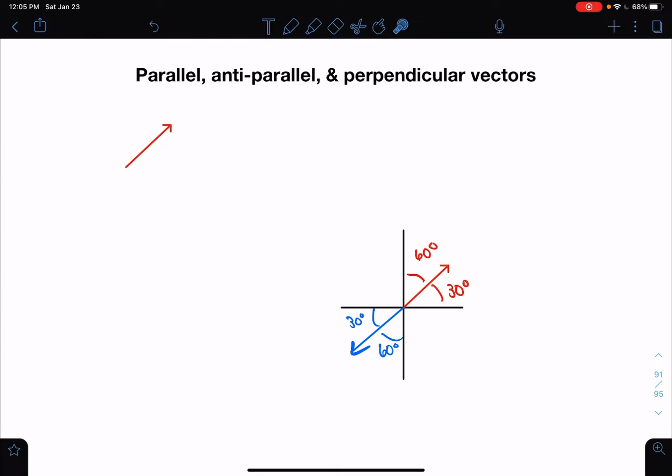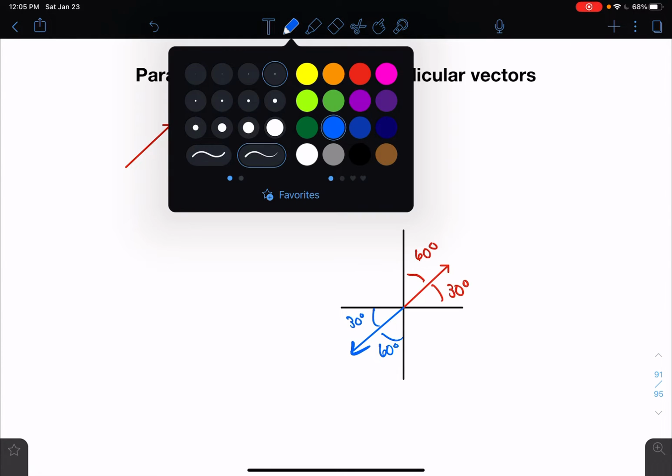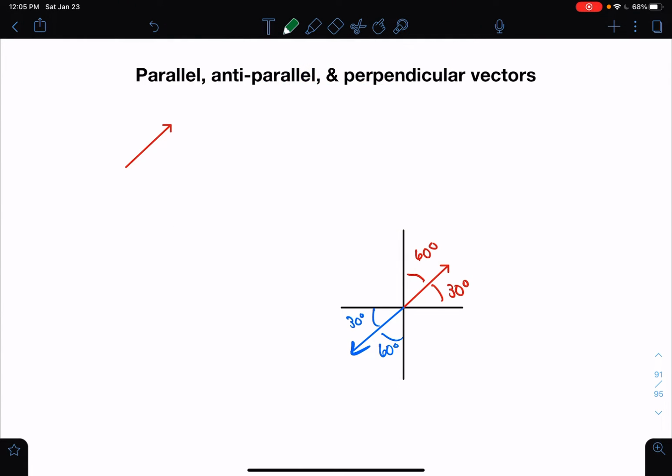Now for perpendicular, if I want to draw a perpendicular vector, let's make it green actually. Okay, here we go. And I'm eyeballing this, but that looks pretty close. Okay. Let's say that this vector is perpendicular to both the red one and the blue one.